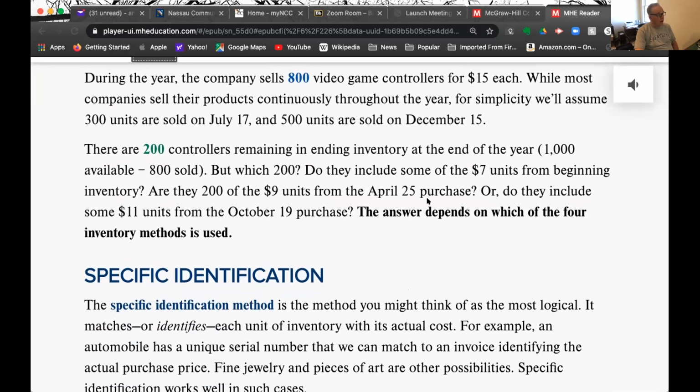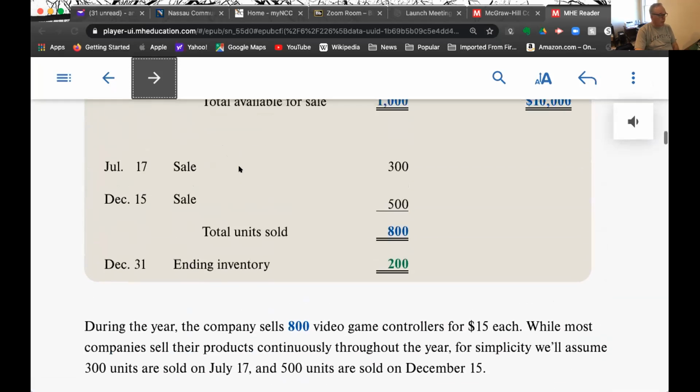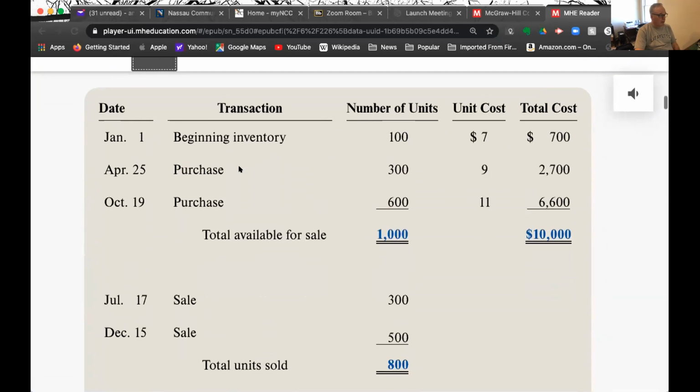Right? So again, of the 200 controllers that are left in inventory, which are they? Can I tell you exactly which ones they are? Specific identification? Should I take an average? Let's see, 10,000 divided by 1,000 is 10. I could say, well, the average price I paid was $10 a unit.